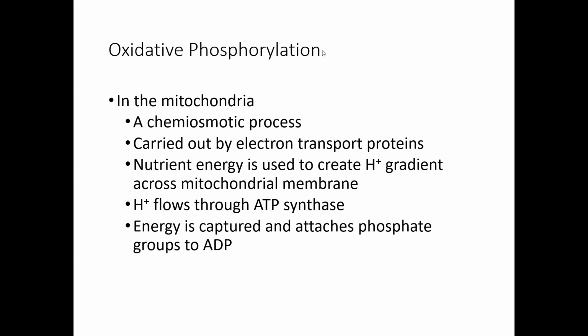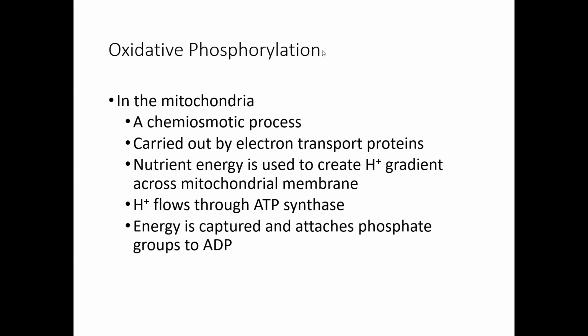They pump hydrogens from the NAD, the NAD plus captured a bunch of hydrogens and electrons. These enzyme pumps will pump the hydrogens across the inner membrane into the space between the inner and outer membrane using the power of the electrons.